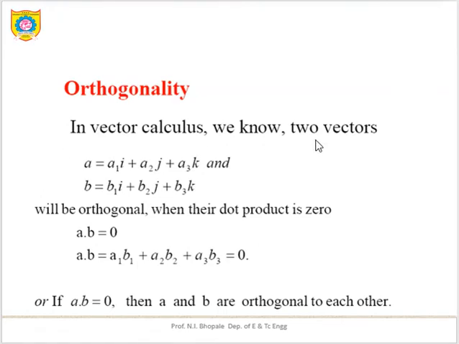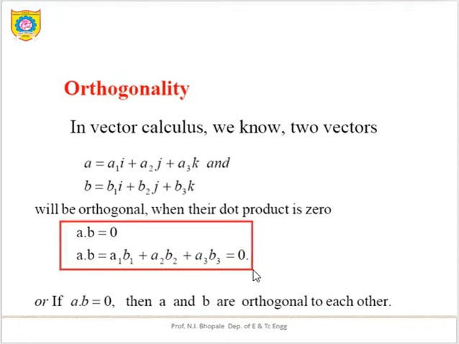In vector calculus we know two vectors, let's say a and b, with coefficients with respect to i, j and k, towards the three axes. They will be orthogonal when their dot product is 0. If I take a bar dot b bar, or a dot b, and it comes to 0, then I can justify that a as well as b are orthogonal to each other.